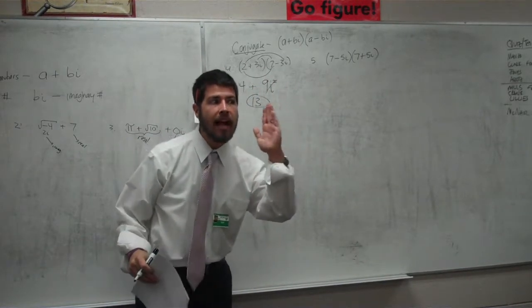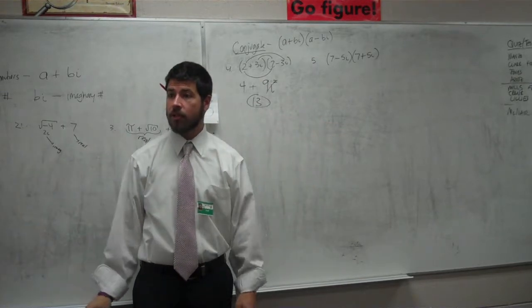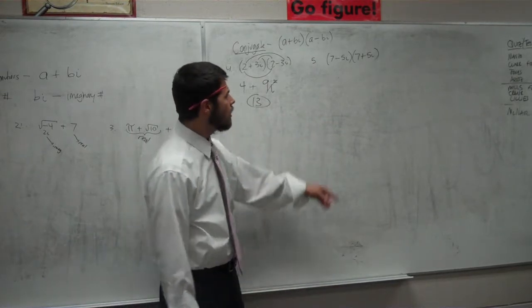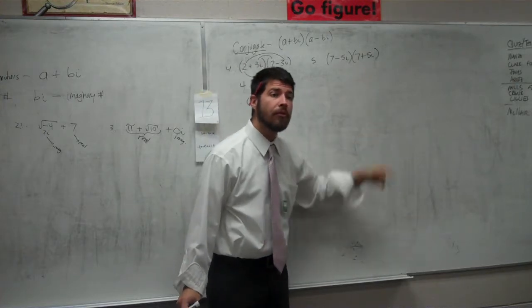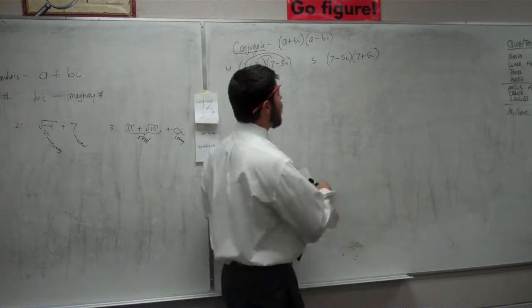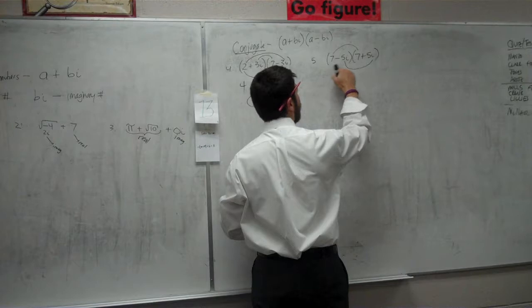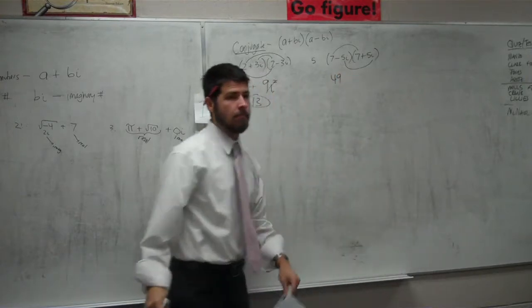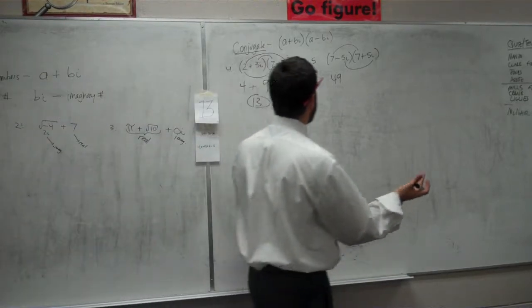Notice, every time you have conjugates, the outer and the inner will cancel, won't they? Look, outer is 35i. Inner is negative 35i. Those are gone. So when you have conjugates, you just have to worry about the first and the last. First times first is 49. Wait, so we don't FOIL it? Well, you do. That's what we're doing.